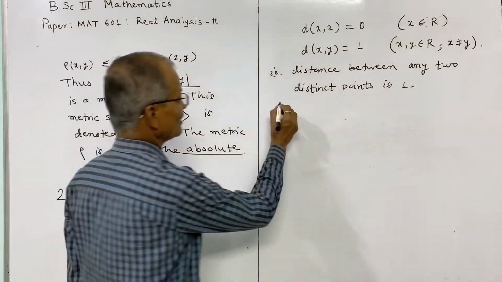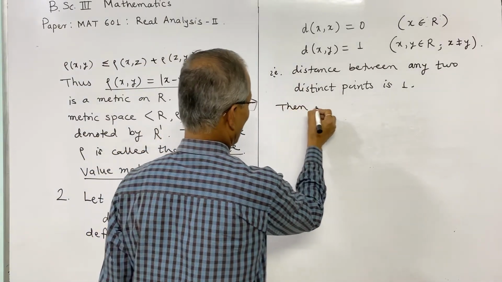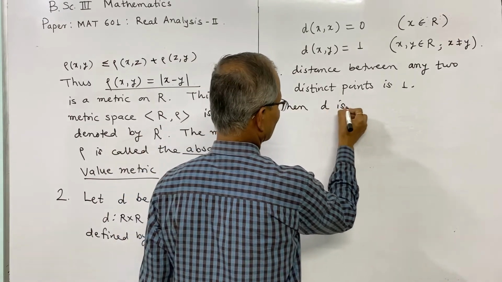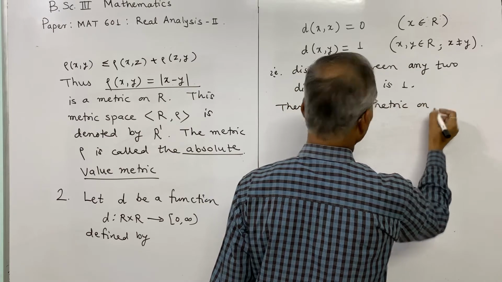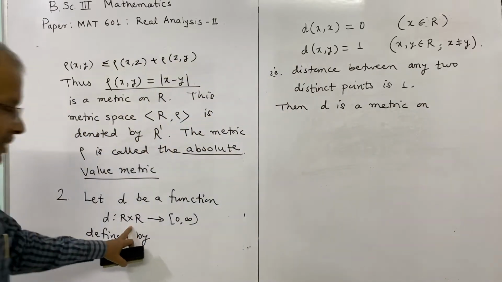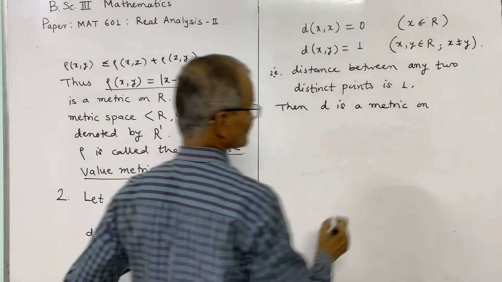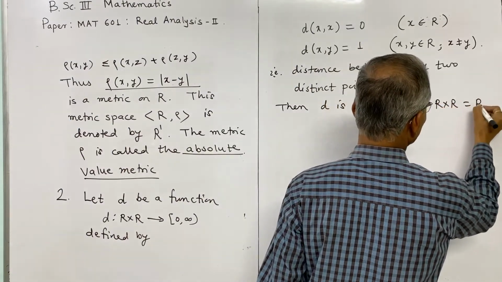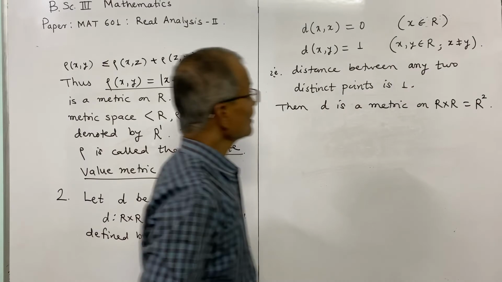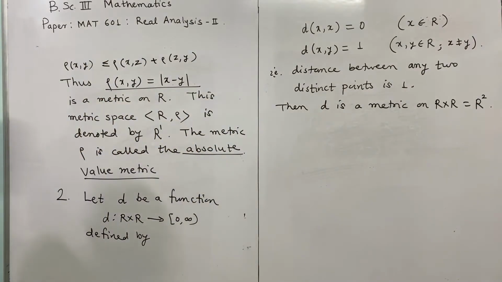Then D is a metric on R cross R, and that is R2. Now this is also easy to verify.